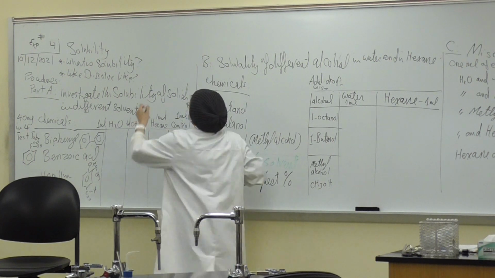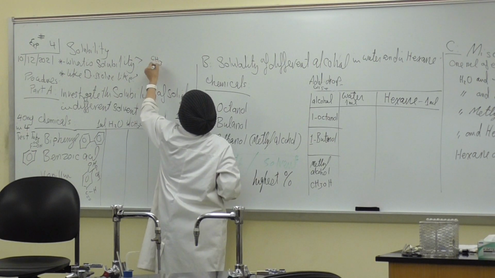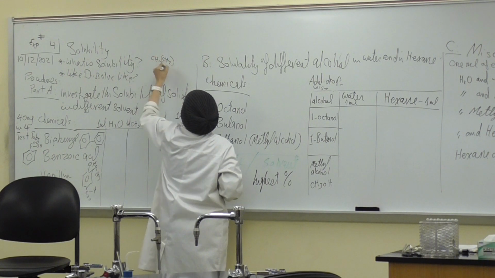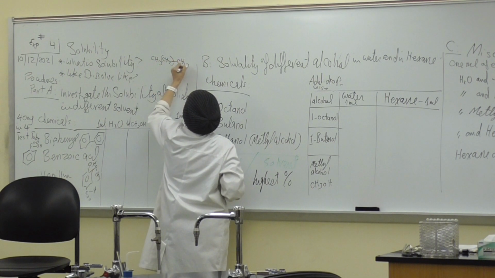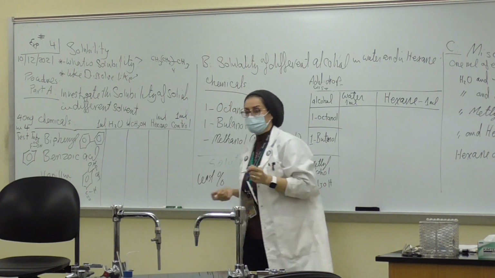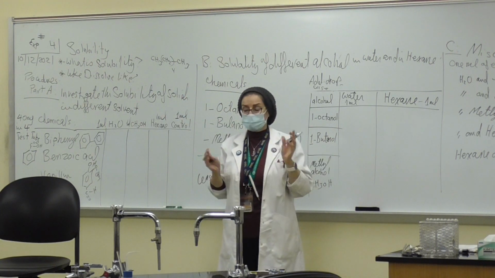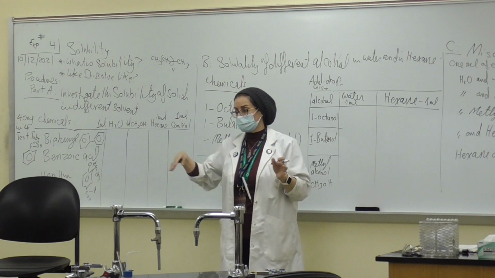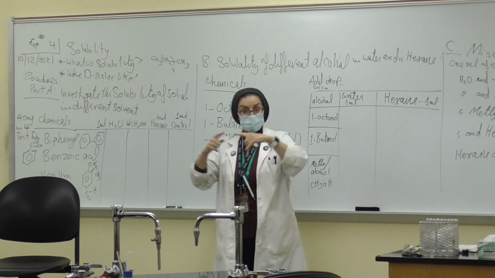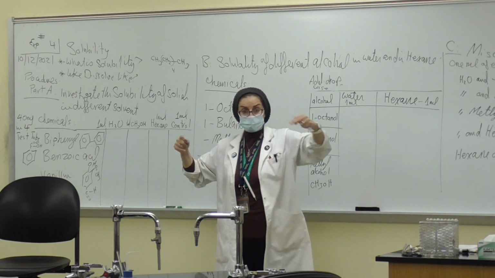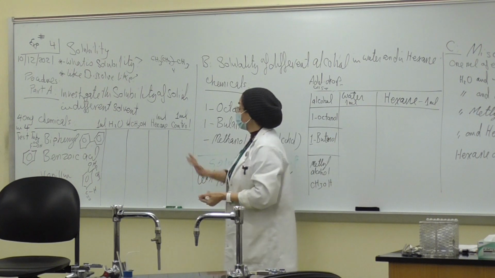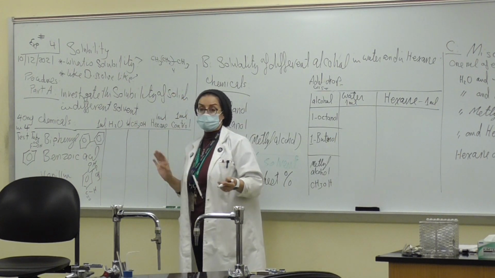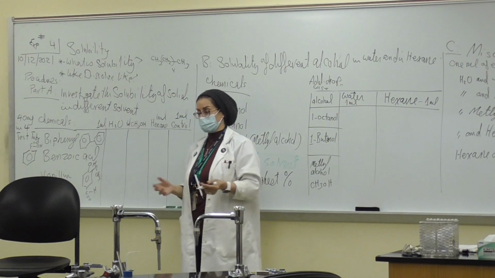You should know what hexane is: CH3, CH2 times 4, and then CH3. This is the structure of hexane. It's just carbon and hydrogen. It's a hydrocarbon compound, a long chain of 6 carbon atoms, and does not have any heteroatom with electronegativity.